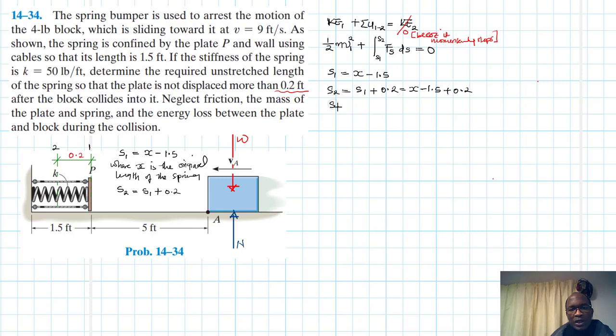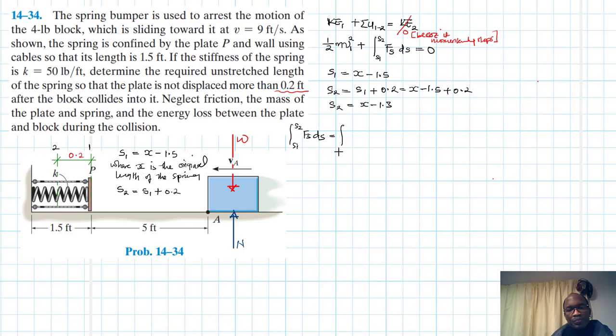Therefore our S2 just becomes x minus 1.3. Great. Therefore, our integral from S1 to S2 of Fs ds, I'll write in terms of dx instead.